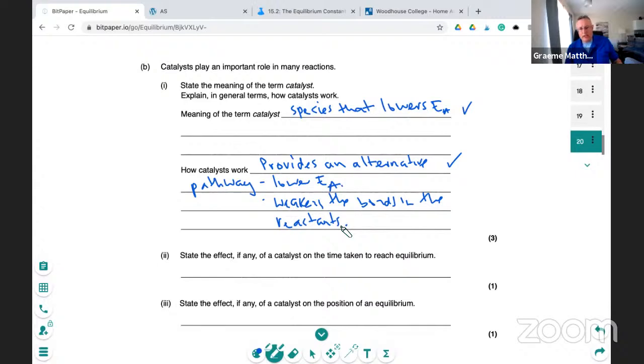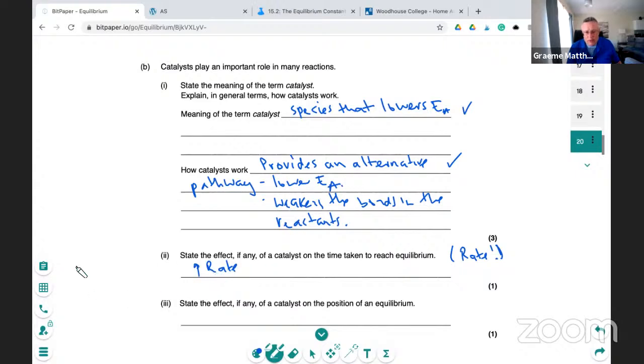Okay. Now, the reason why I picked this one is to state the effect, if any, of the catalyst on the time taken to reach equilibrium. And so this one is rate. It's going to increase the rate of reaction.